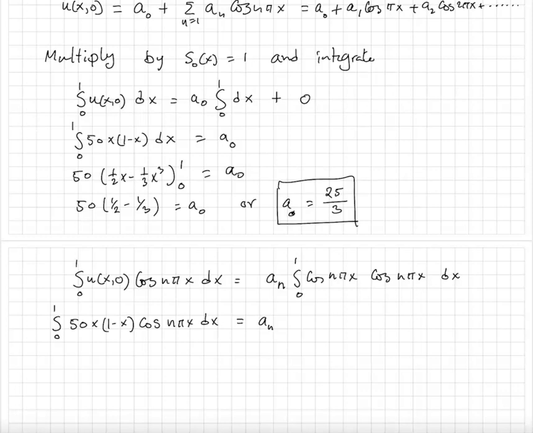Then the integral will be half times 1 plus cos 2x, integrated from 0 to 1. If you integrate 1 from 0 to 1, you get 1. So don't worry about the half. Cos n pi x, if integrated from 0 to 1, is always 0. So this is one way of looking at it.